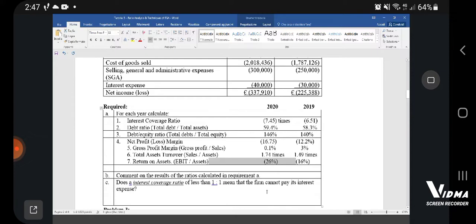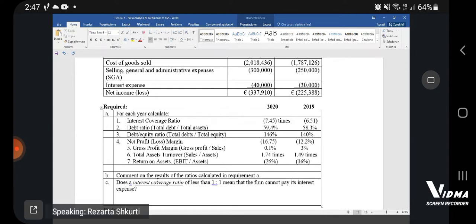Now, requirement B is to comment on the results of the ratio. This is something that we already did by calculating the ratios and commenting. We have fulfilled requirement B over here. You are required to do the same for the group work and also for the exam. Calculate one ratio and have something to say about it.